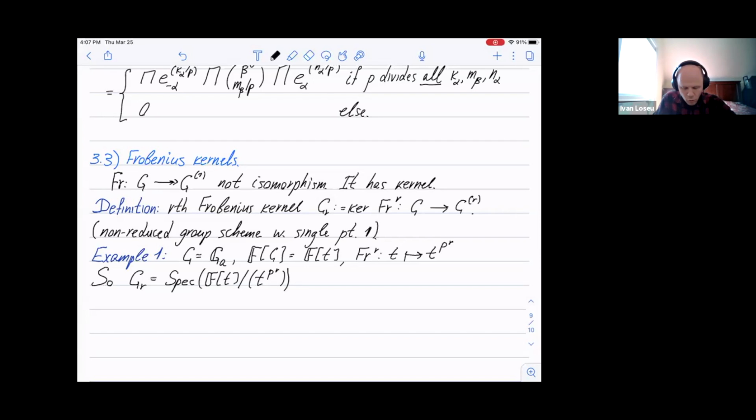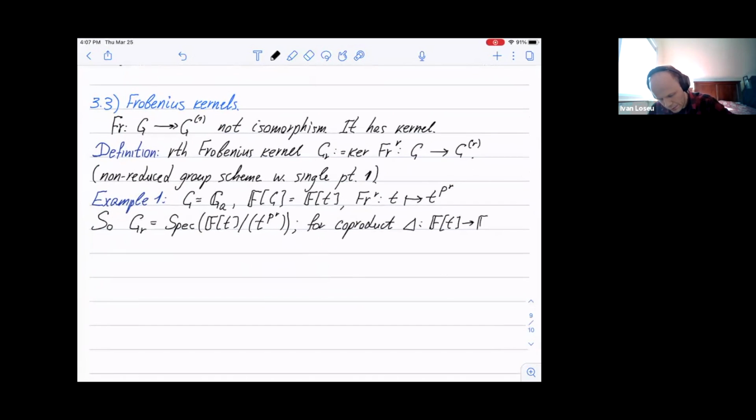How is the scheme a group? Well, we notice that for the coproduct Delta, which goes from F[t] to F[t] tensor F[t], we have Delta of t^(p^r) is going to be t^(p^r) tensor 1 plus 1 tensor t^(p^r).